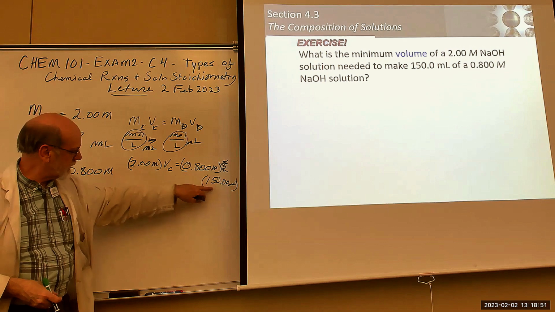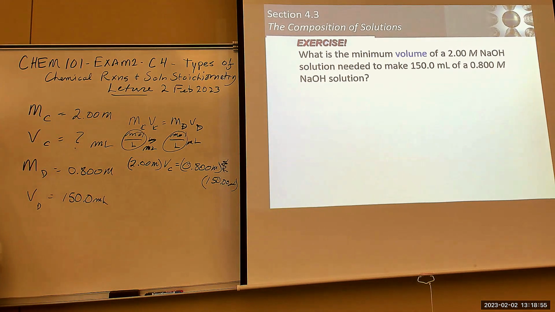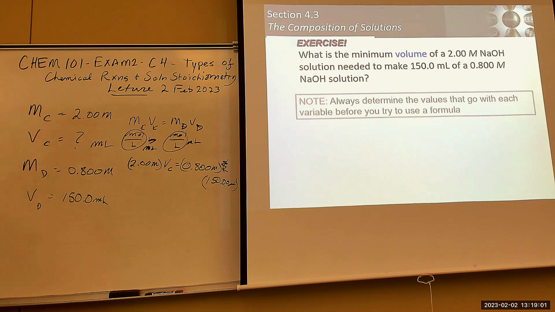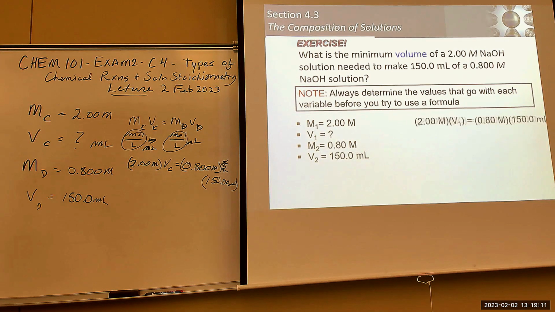We say that one times that one divided by this one, and we find milliliters of the concentrated solution that need to be diluted to make the final solution. Okay, there we go. We're using ones and twos on this, and that's okay, because that keeps them on the right side of the equation for each other. 60 milliliters.